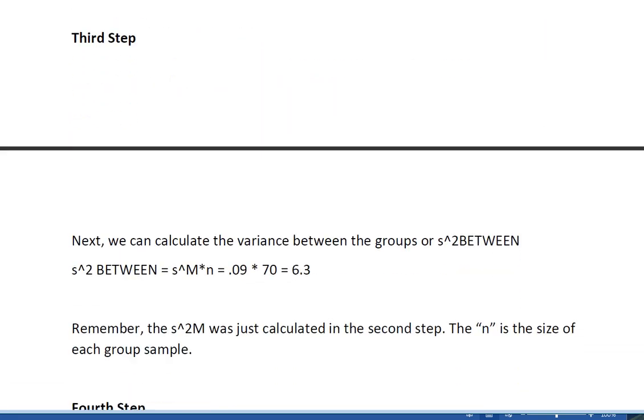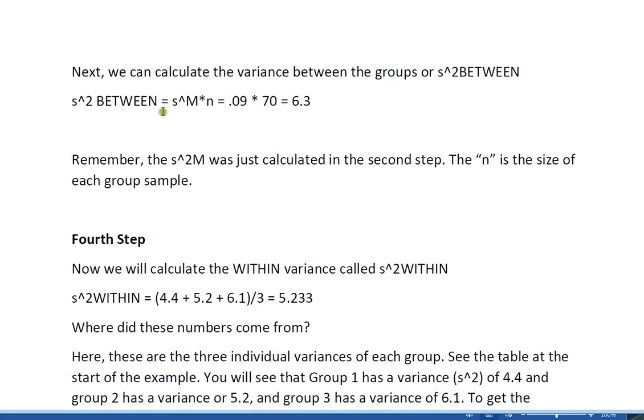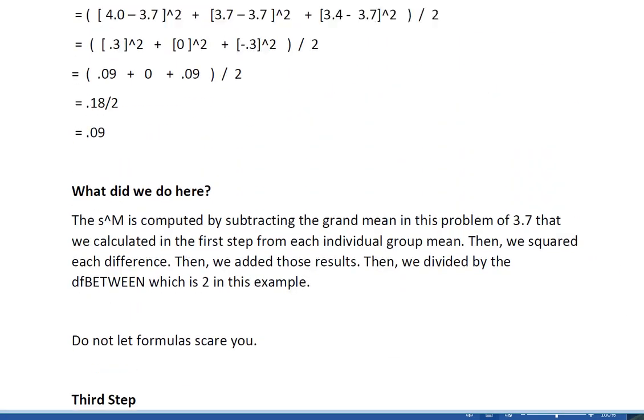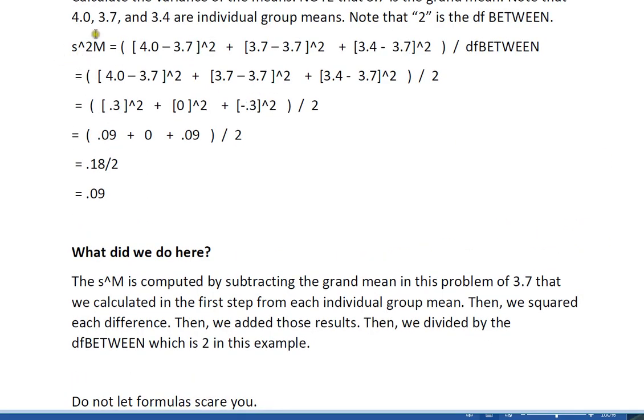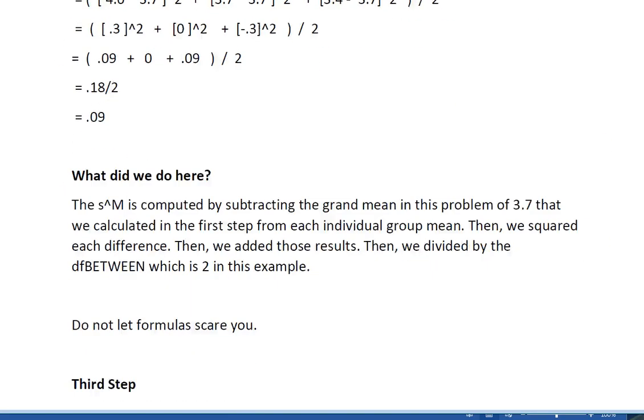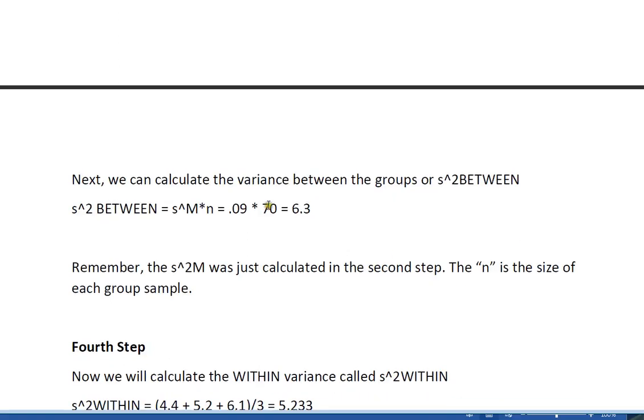In our third step, we're going to calculate something called the variance between the groups. That's a quick calculation. We take the variance of means that we just calculated above. That's this guy. So we take this result, 0.09, and we multiply it by the size of one of our samples.